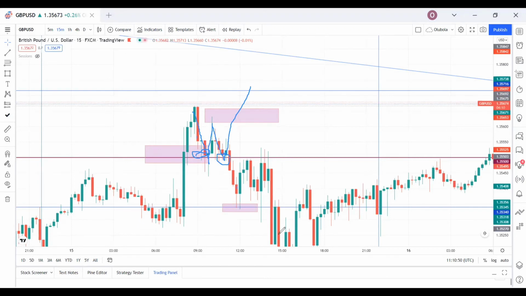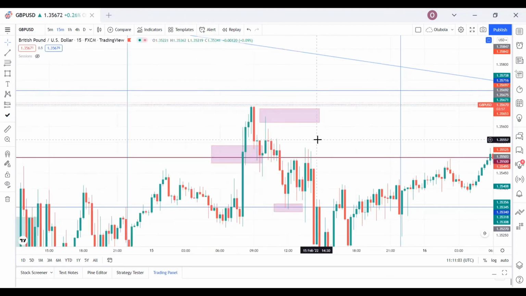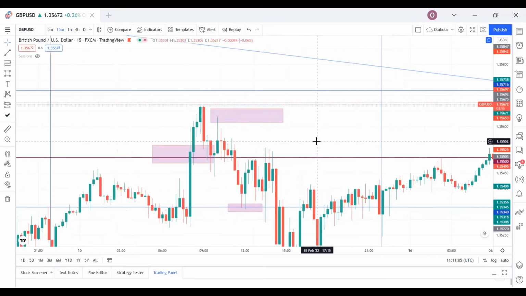Okay, can I quickly show you something right now? What informed that decision of taking that trade? Look at the market open. Let's look at the period separator. Look at the open market price.